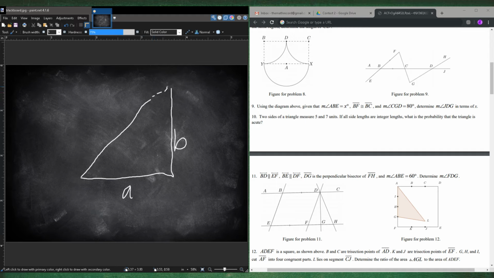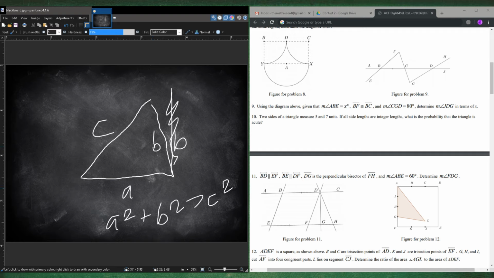So you have to move this down for B, so it makes an acute, and that's how I know it's acute, and that's why I remember it.